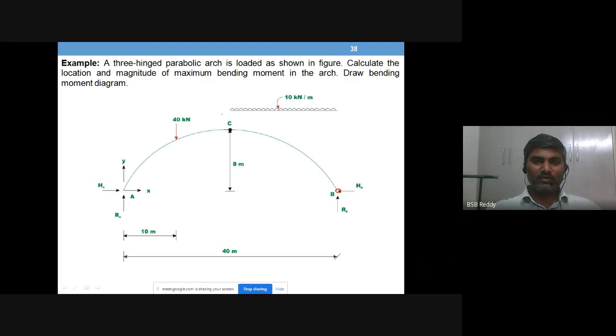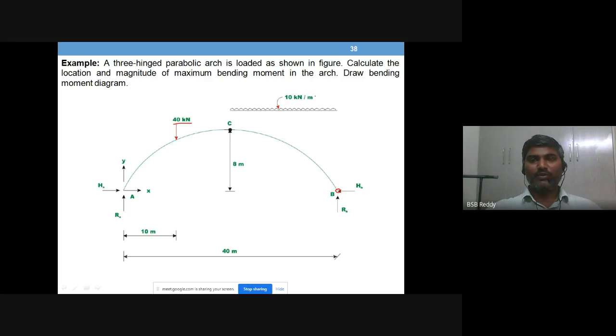So what you write here is the equation RAY into 40. If you say clockwise positive, it is positive; otherwise, if you say clockwise negative, you can take it as negative. That depends on the individual solving the problem. So the moment from RA is RA into 40, and the moment from the 40 kilonewton point load is 40 into the distance 30.